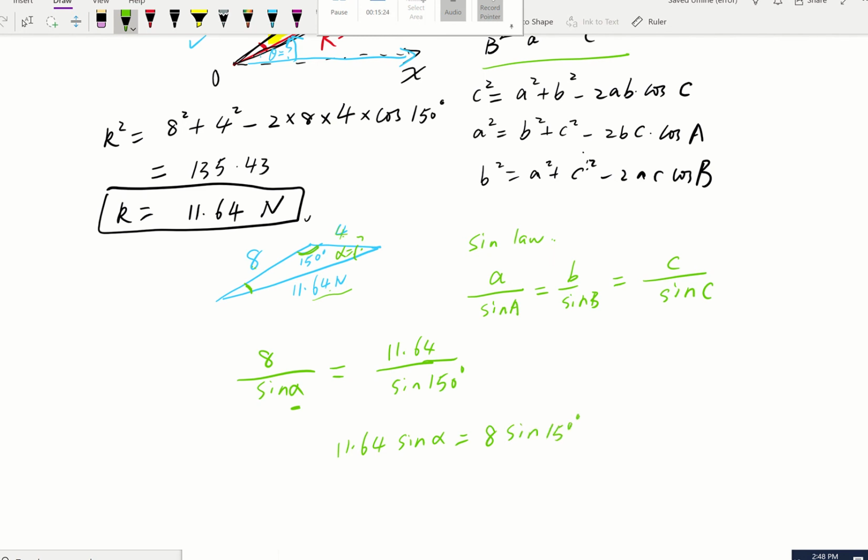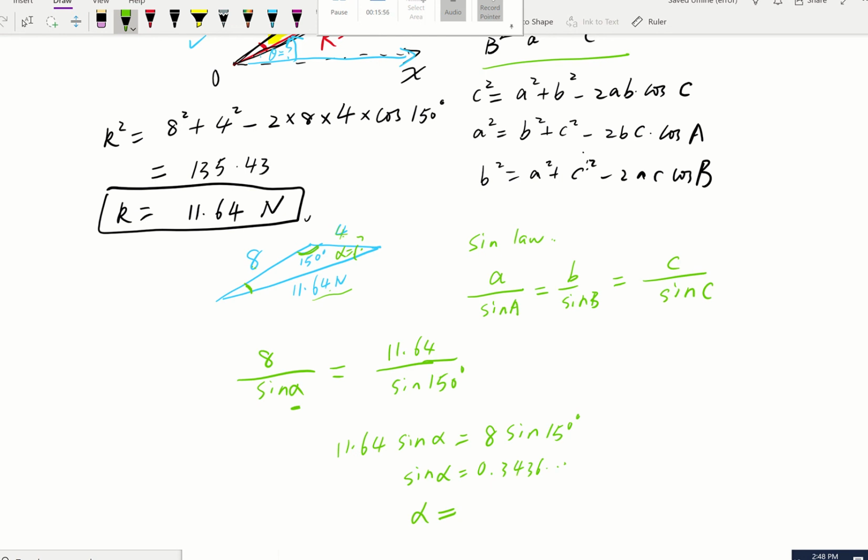So now we're going to solve it. So put it in your calculator. I hope you're doing that as well. 8 times sine 150 degrees, then we'll divide by 11.64. That's my sine alpha. Sine alpha is 0.3436, right? And here we're going to try to find the angle itself, alpha. So we're going to do inverse sine of this.